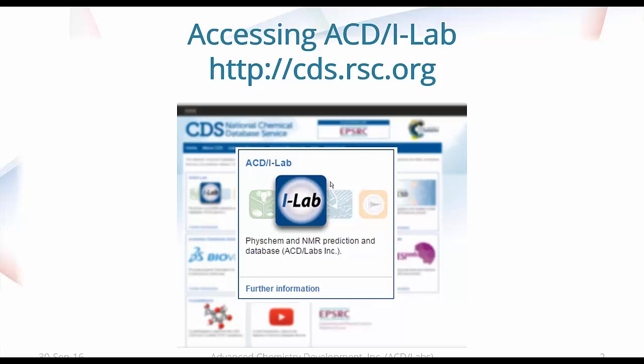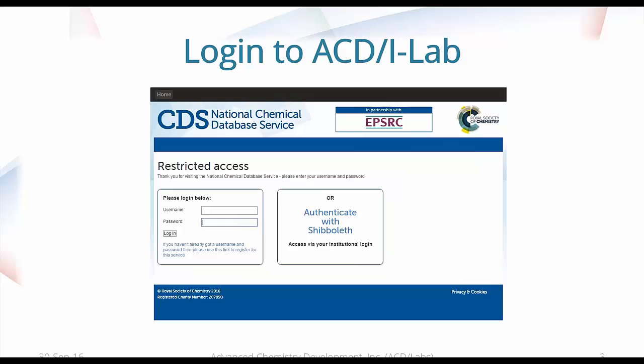Now, if you are logging in from an academic institution in the UK, you will be directed straight to iLab. If not, then you will be directed to a login screen. If you have been given details, username and password, you may enter them here, or you can authenticate. This is something that we need to discuss with your IT people or with RSC.